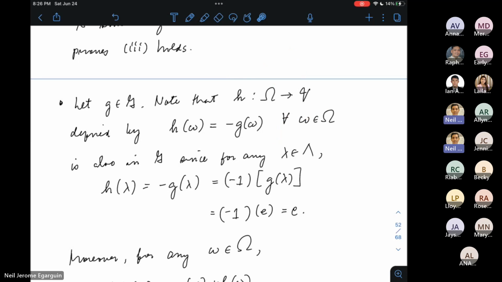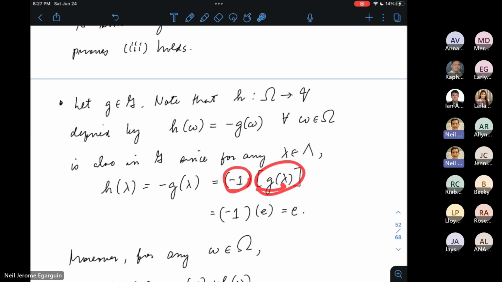Right? Pero madali lang siyang pakita kasi alam ko na ang additive inverse ng isang function G ay si negative G. Gusto ko na lang ipakita na si negative G ay na kay curly G din. Right? Pero madali lang siyang ipakita kasi ang negative G of lambda ay equal kay negative 1 times G of lambda.